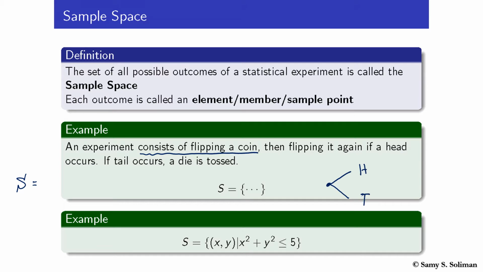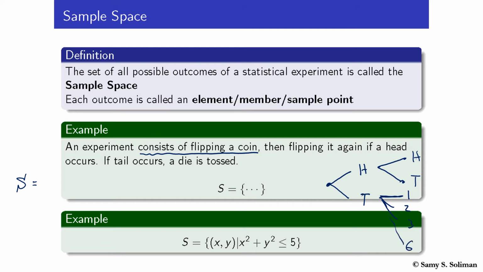And if the outcome is head, the coin is flipped again, for which case the second part of the outcome is also either head or tail. However, if the outcome of the first flip of the coin is tail, we roll a die whose outcome can be 1, 2, 3, and up to 6.